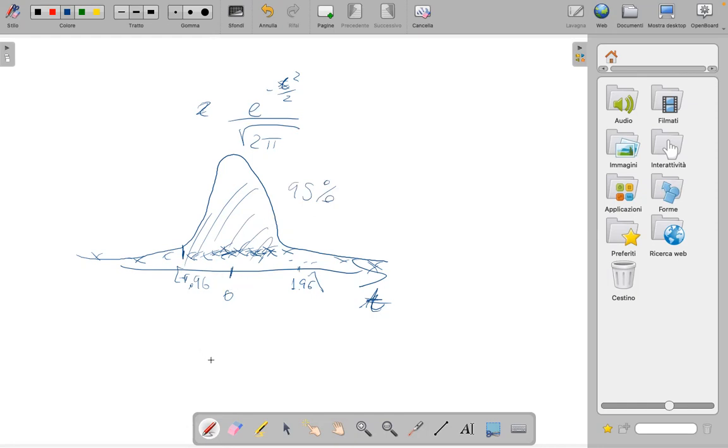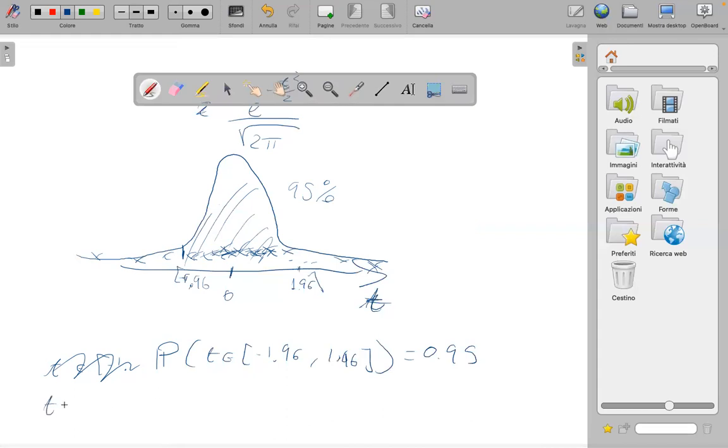So the test tells you simply that the probability that t is in minus 1.96 and 1.96 is equal to 0.95.